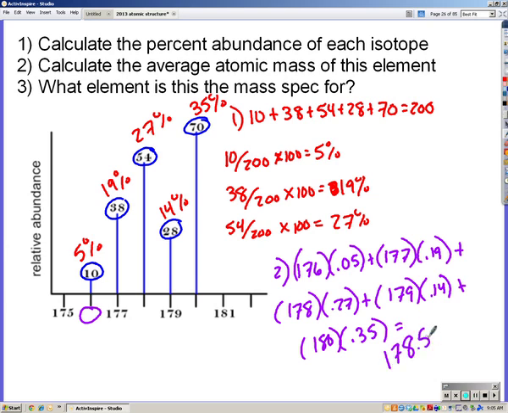So after plugging that in the calculator, I get 178.55 AMU. For step 3, to find out what element it is, the element closest to this would be hafnium, number 72.